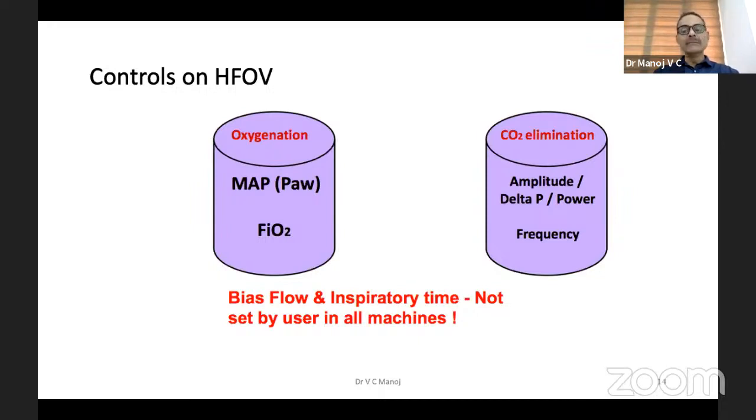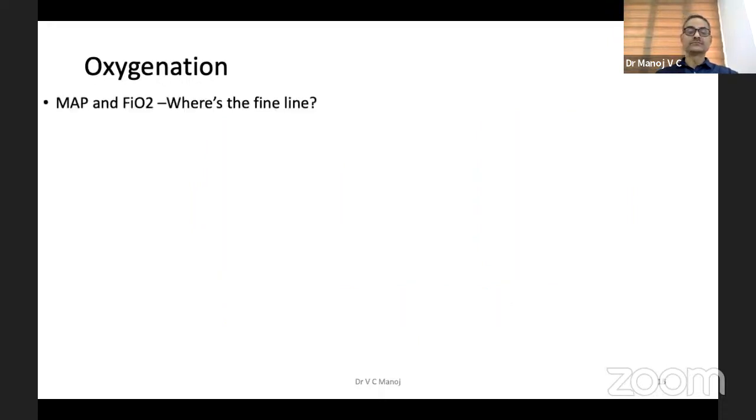One is your amplitude or delta P, or the power button, and when you increase it, more CO2 is washed out. Frequency is another button, similar to, or synonymous with, the ventilator rate button in conventional ventilation, but there are some differences. These are very high rates, and we will come to the differences subsequently.